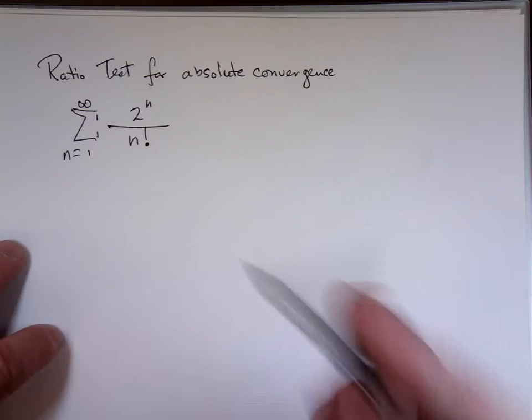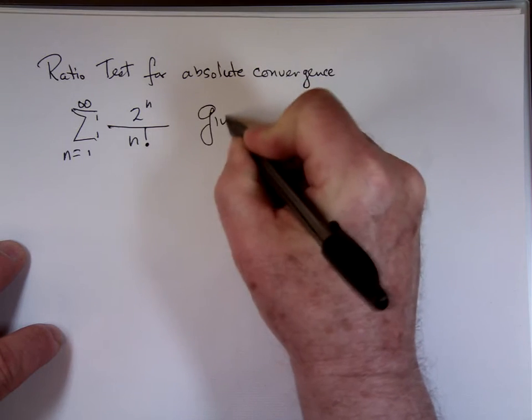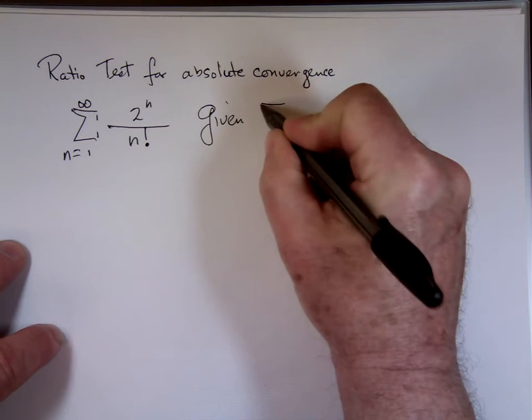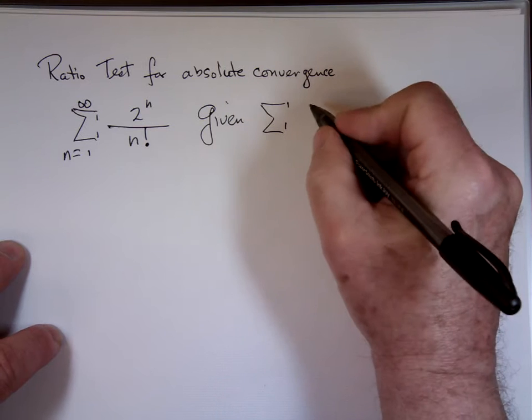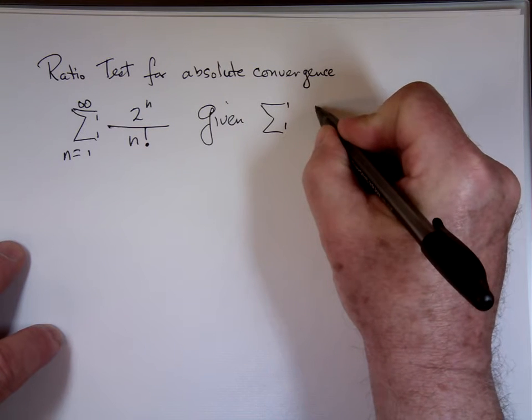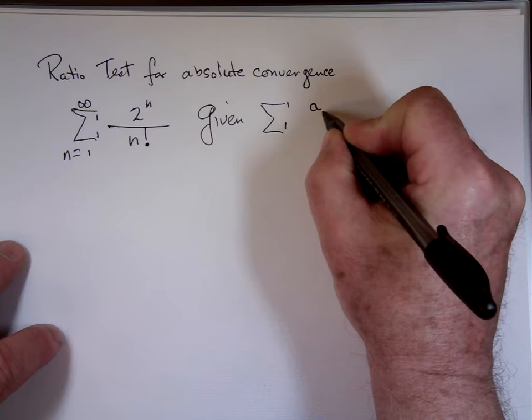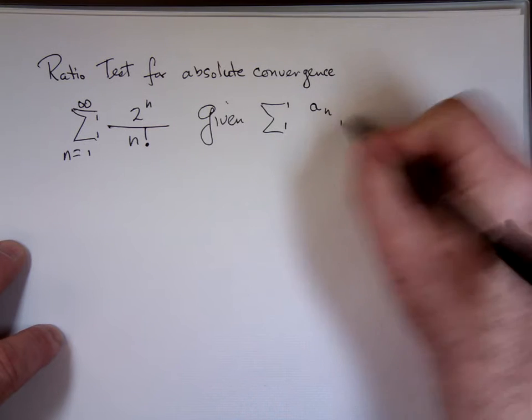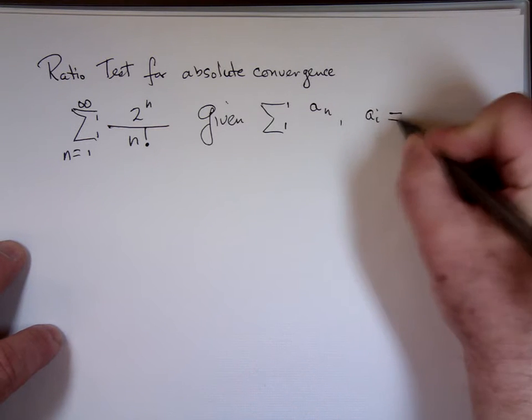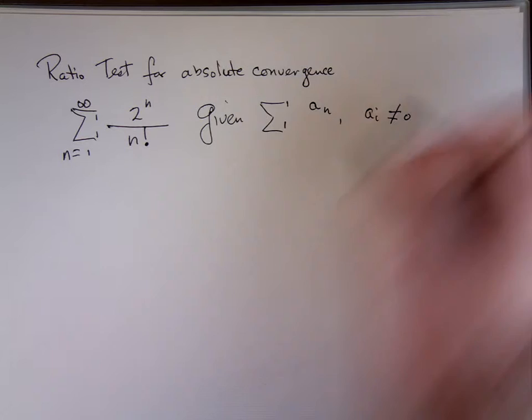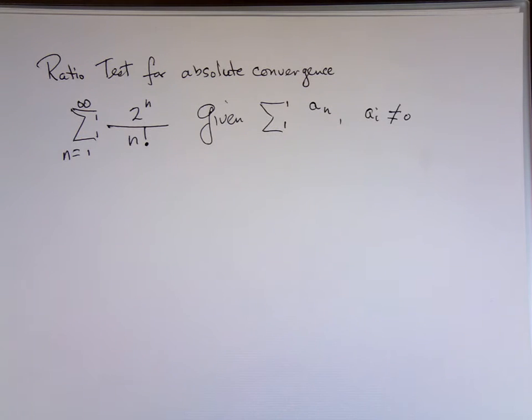The ratio test says this. Given a series of the form A sub n, where the A sub n's are not zero. We can't have any zero terms. They have to be non-zero terms.